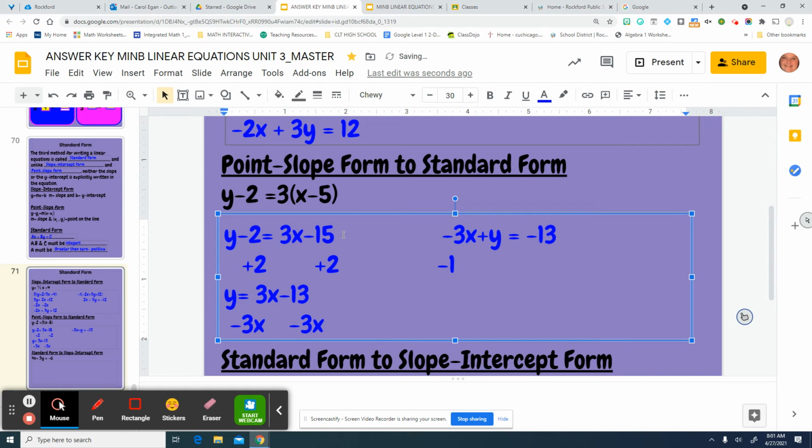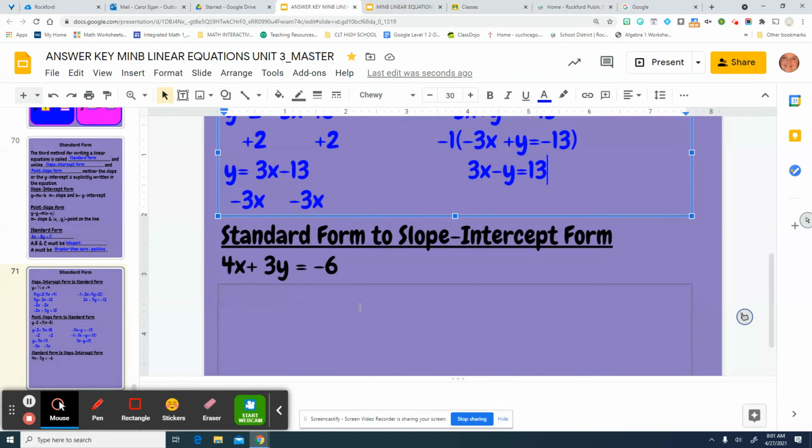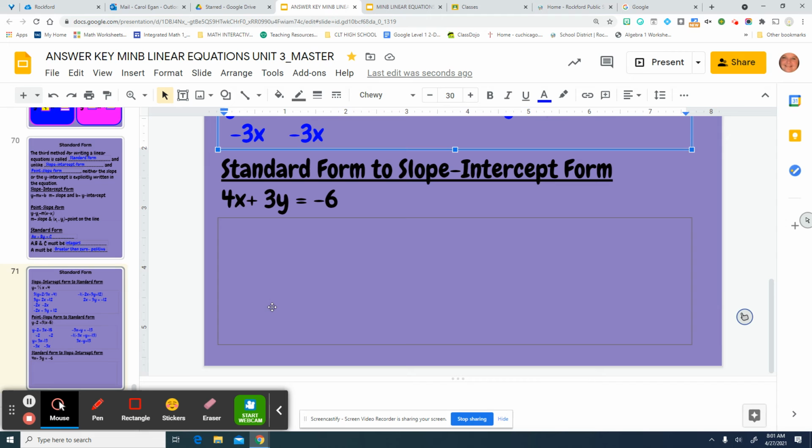And same thing as we did before, we're going to multiply the whole thing by negative 1. By doing this, we flip the sign of every term in the equation. So 3x minus y equals positive 13. Okay, so it's a little bit like chess, like where can I move something, where can I replace something?